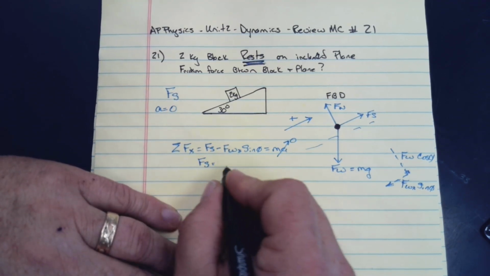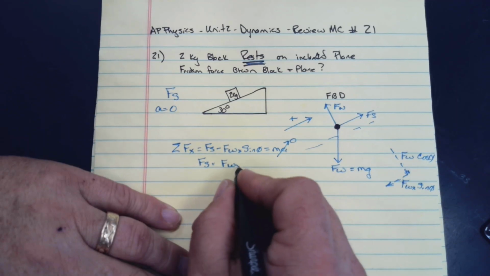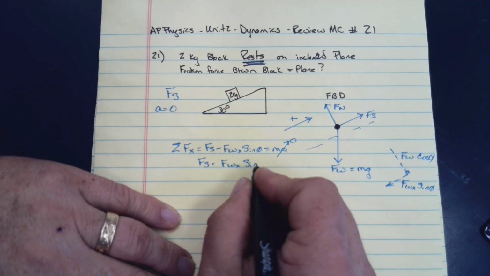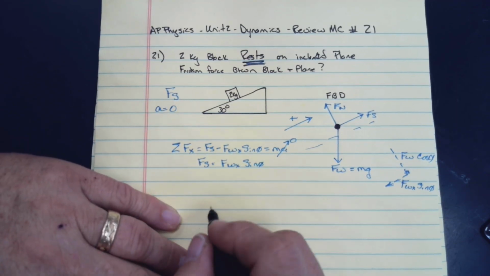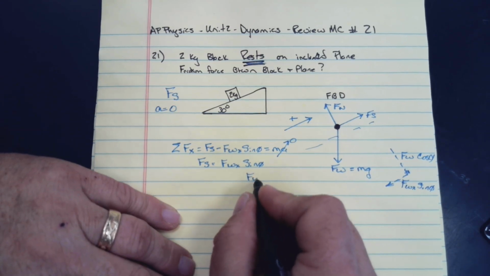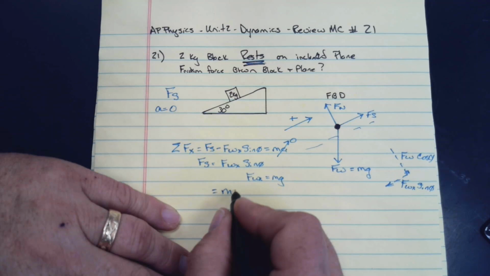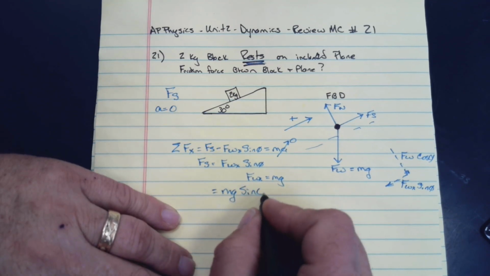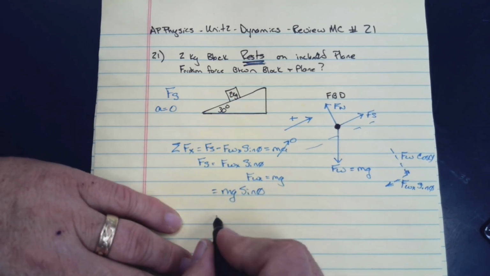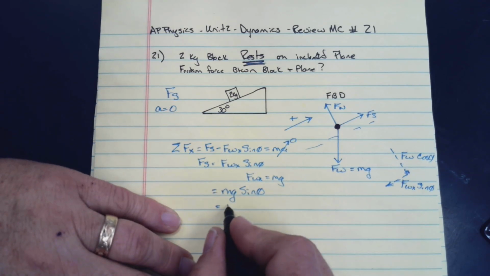So we have F of S is equal to the portion of the weight. That portion is sine still. I know that this is mass times gravity. So breaking it down even farther. Now I know everything, so I can put my 2 kilograms in.